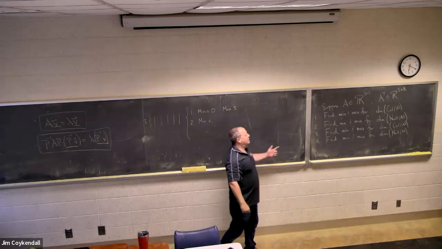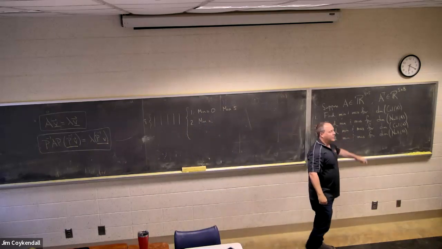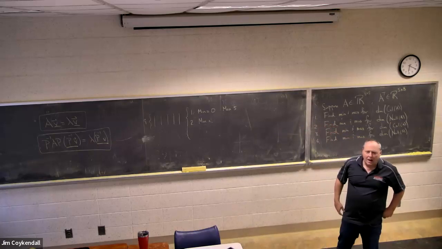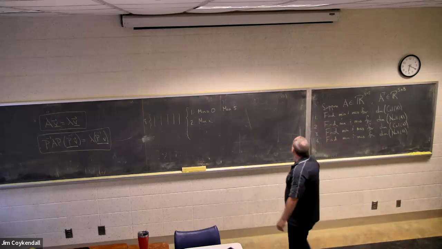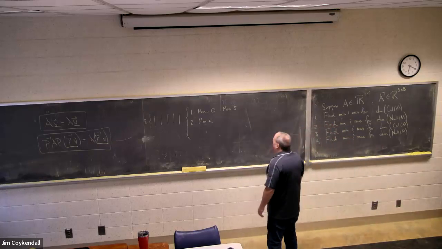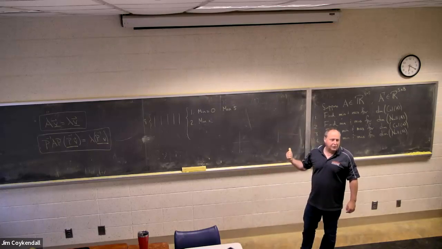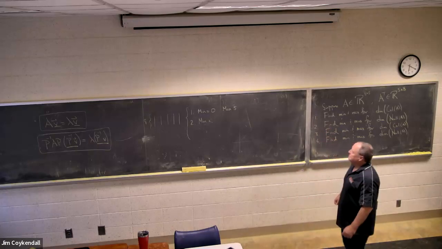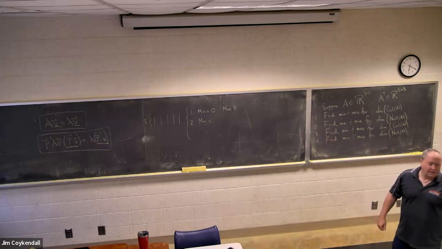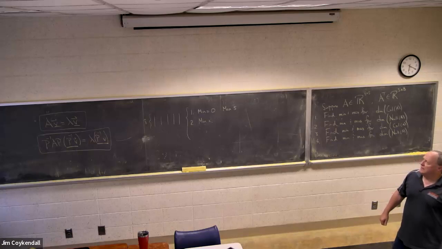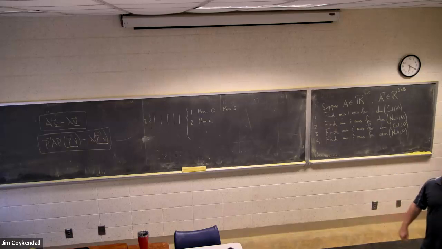Now we have the null space. Remember, the null space is the set of all solutions of the homogeneous equation. Where does the column space live?